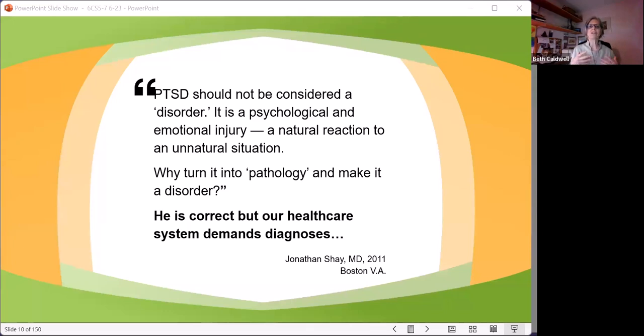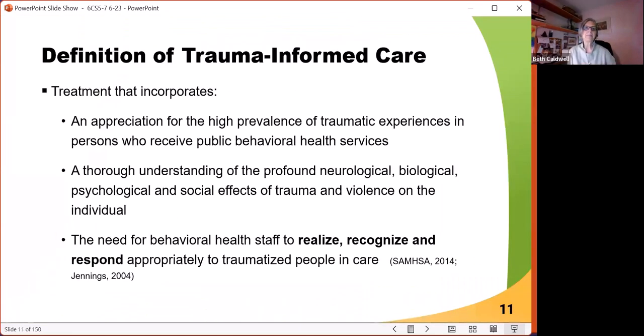It's a psychological and emotional injury. It's a natural reaction to an unnatural situation. So we're trying to move it out of pathology, but we demand diagnoses, and so we have it. But remember, it's a natural reaction to this really unfortunate situation. So, some definitions. Now, next slide.